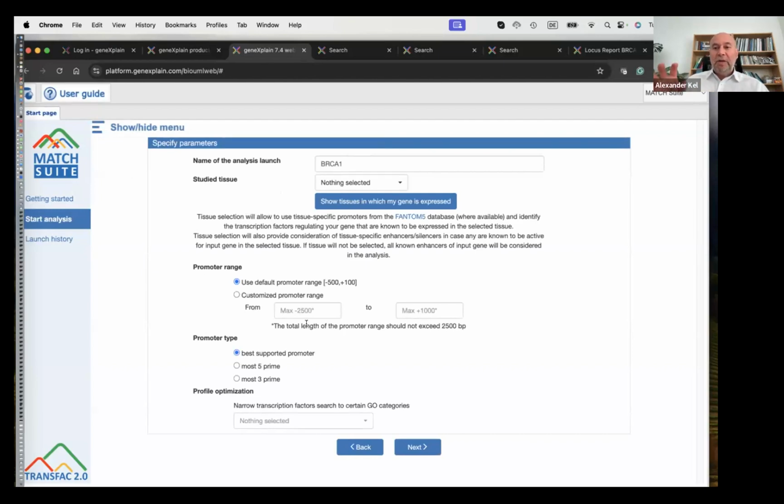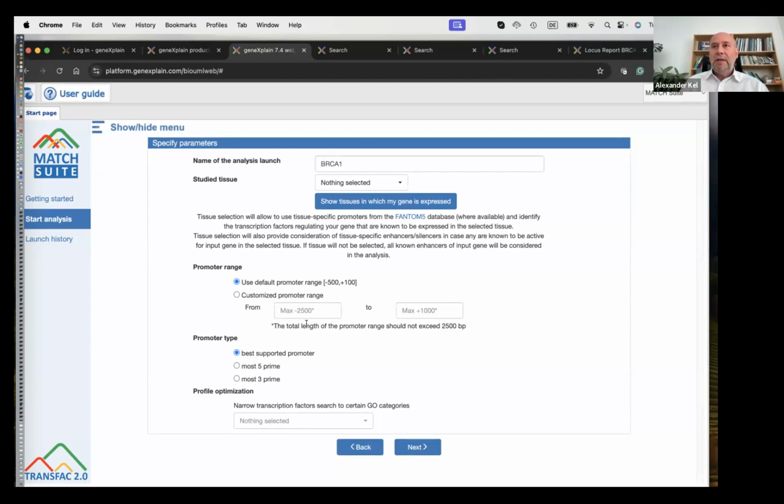But for vertebrates, it's around 8,000. So it's quite many matrices. And if we apply all this motif search for the whole region of a gene, we may get a lot of sites. So that's why we usually want to focus on the most important areas, regulatory areas of that gene.